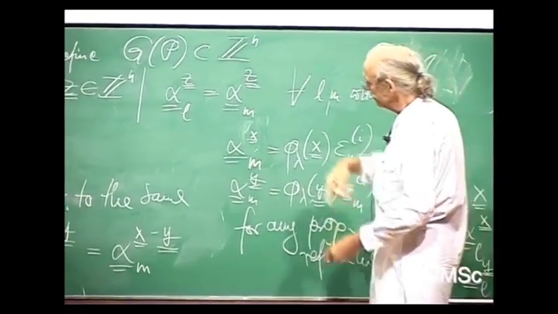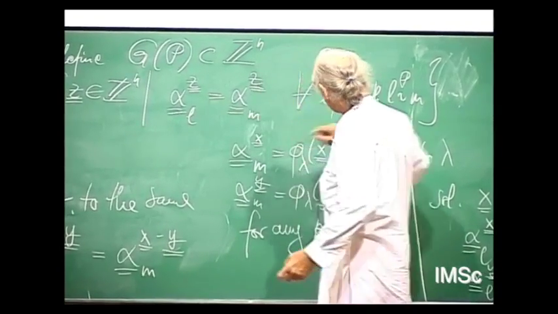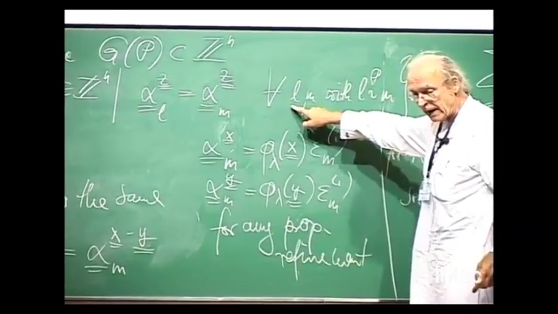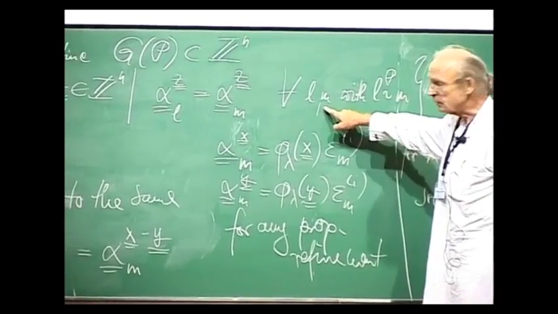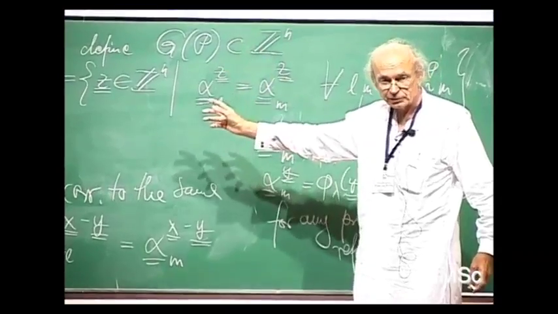In other words, alpha L to the z equals alpha M to the z as long as L and M belong to the same subset of our partition, right?